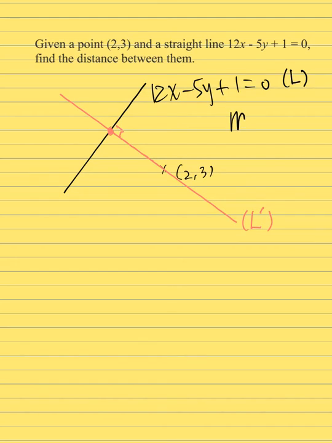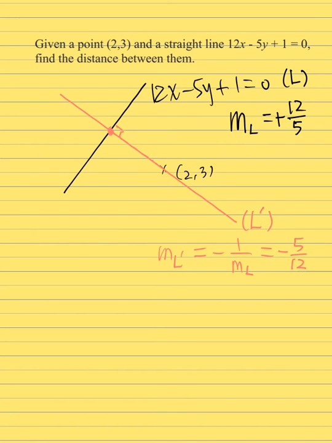The slope of L is negative 12 over negative 5, and the slope of L prime is just negative 1 over the slope of L, which is negative 5 over 12.